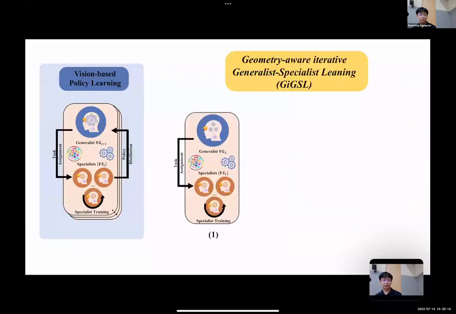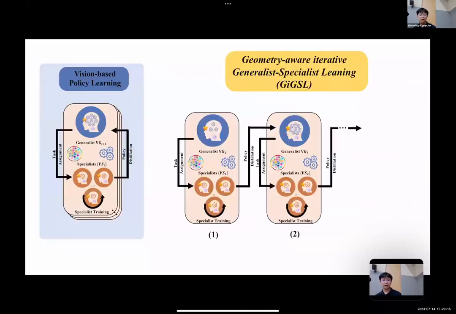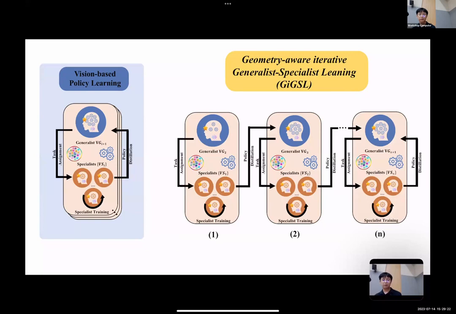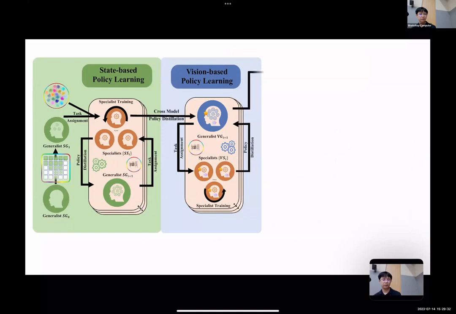And this vision-based generalist can undergo this generalist-specialist iterative learning again. And now the clusters are based on the ongoing fine-tuned vision backbone, no longer a pre-trained point cloud autoencoder.